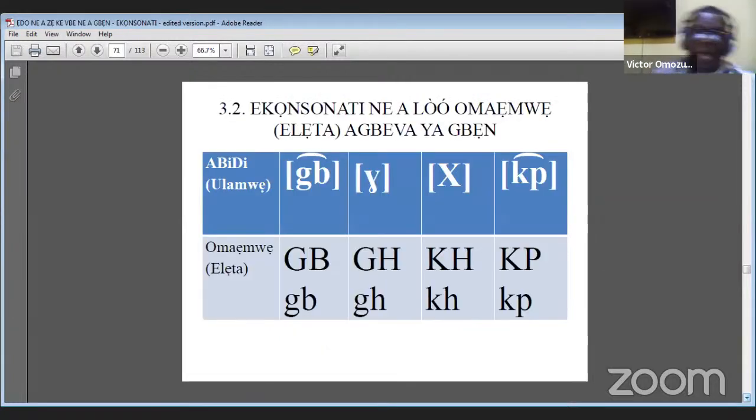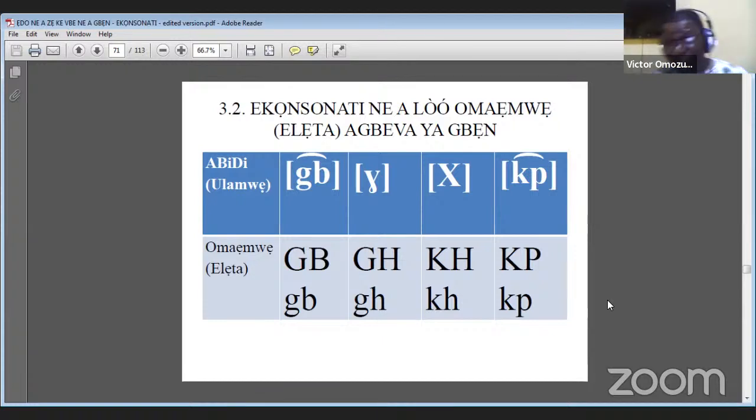Now, a consonant in a digraph, you see, I separated the letters, but a digraph is two letters.